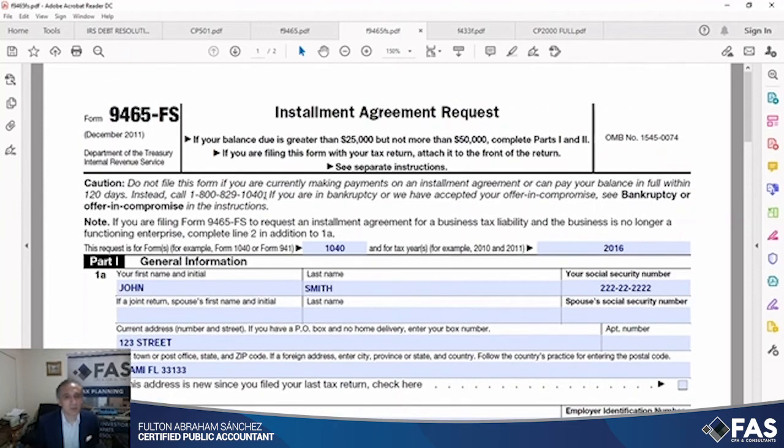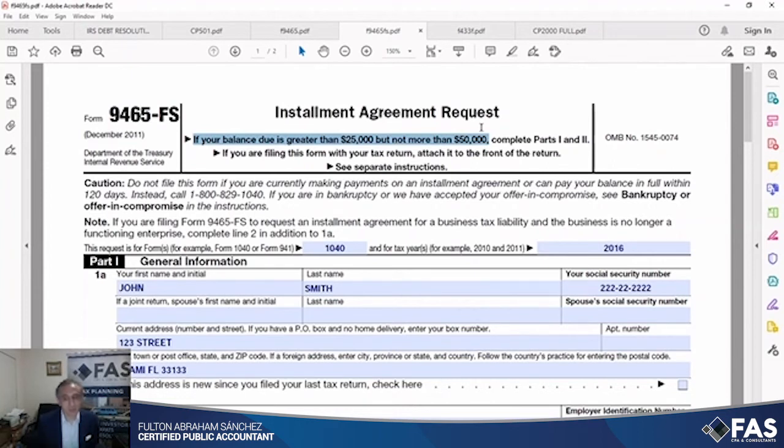This is for when you owe less than 25, but no more than $50,000. If you owe more than $50,000, the best is to bring the balance down to 50 and then use an offer in compromise.